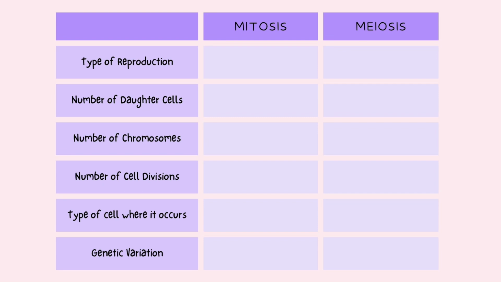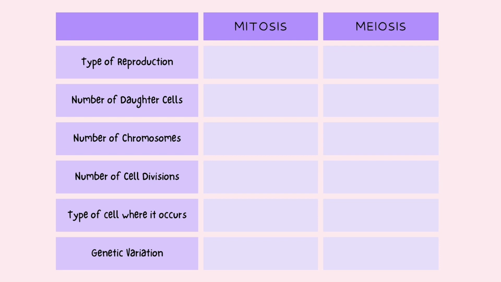Mitosis involves one cell division, resulting in two genetically identical daughter cells, while meiosis involves two cell divisions, ultimately producing four genetically unique haploid daughter cells. Mitosis occurs in somatic body cells for growth, repair, and asexual reproduction, while meiosis occurs in germ cells, or what we know as reproductive cells, to produce gametes, the sperm and egg cells for sexual reproduction.